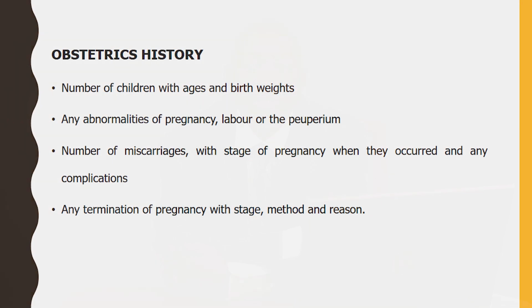I always like to take obstetric history first, and in this particular history, it's important to ask for the number of children the patient has had, the ages of these children, and then the birth weights, and the outcome of the deliveries, whether the babies are alive or dead.